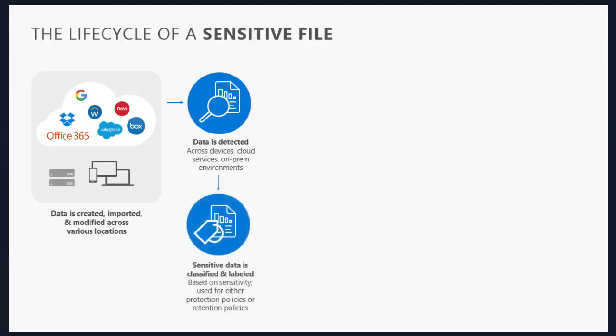So the next approach is, once you have discovered what data exists, the challenge then is to internally create a taxonomy that classifies and labels that data based on its sensitivity. Now, the sensitivity is something we will go into in a few minutes in a subsequent slide.